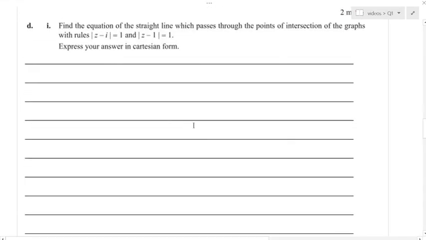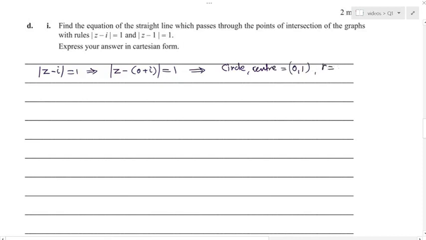Find the equation of the straight line which passes through the point of intersection of these two rules. We got 2 rules here, and corresponding to each rule we will have a circle. So mod z minus iota equals 1, which is z minus 0 plus iota equals 1, is a circle with center 0, 1 and r equals 1.